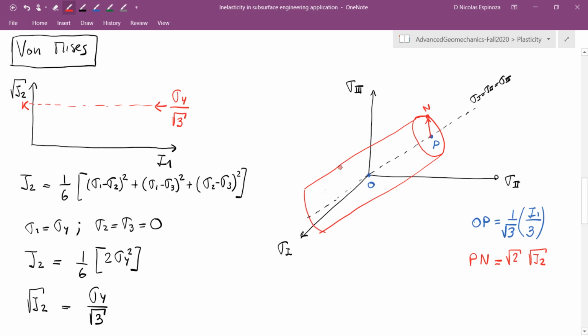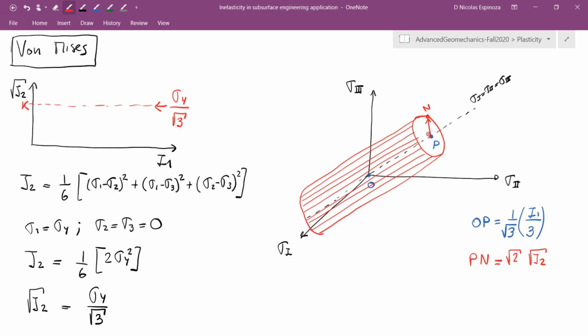And this yield surface is going to be continuously derivable around the surface itself. We're going to see later on that that derivative is very important because it allows us to calculate the plastic strains. And in 3 dimensions, this is how the von Mises criterion is going to look.